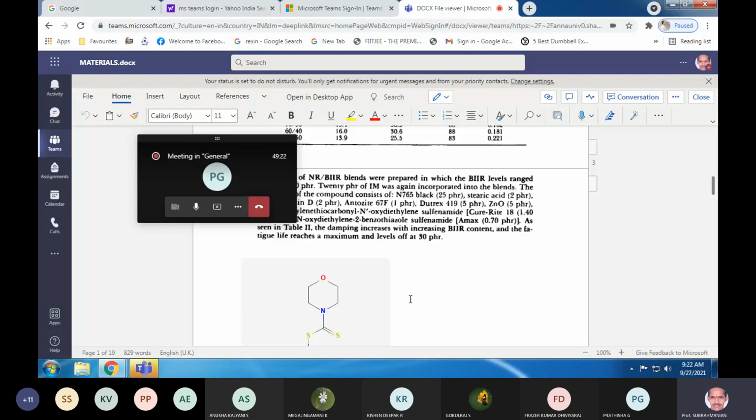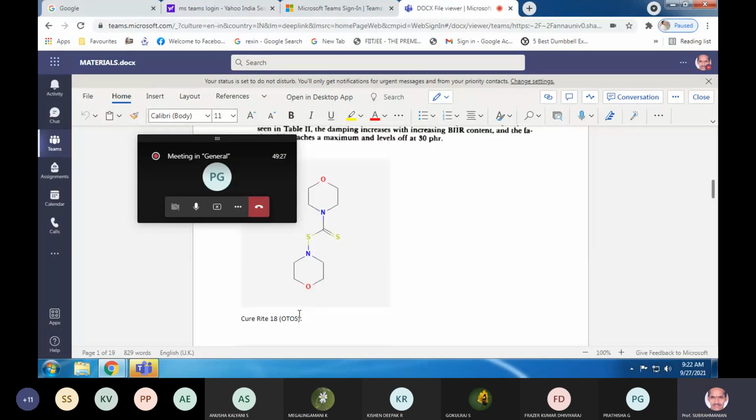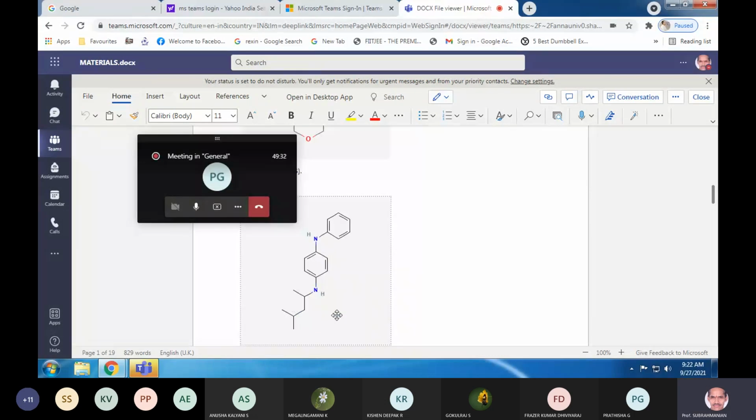So this is Curite 18, OTOS. What is this? This is 6-PPD, an anti-ozonant.